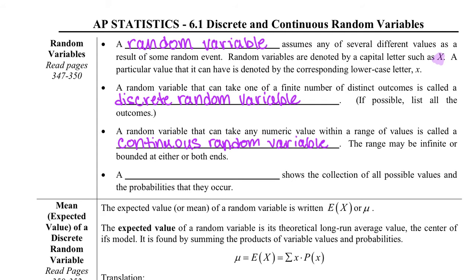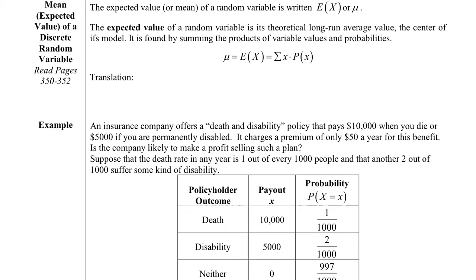Those are continuous random variables. And finally, a probability distribution shows the collection of all the possible values and the probabilities that they occur. So this is a lot like our probability models that we learned about in chapter 5.